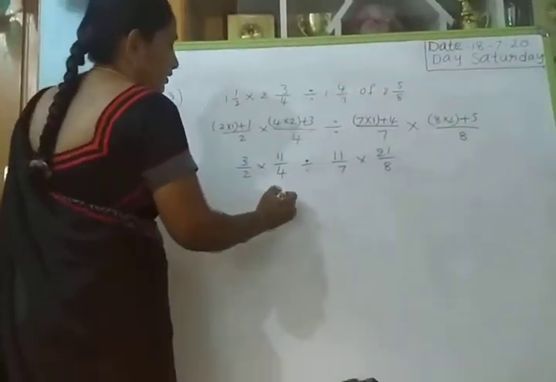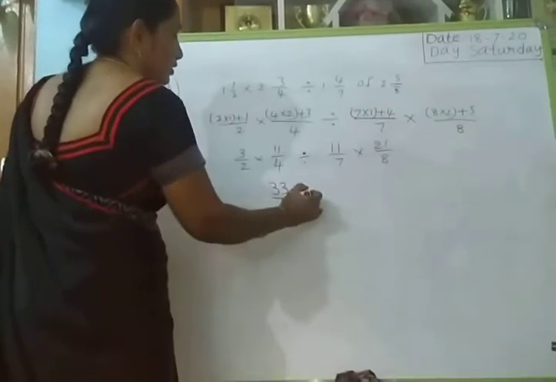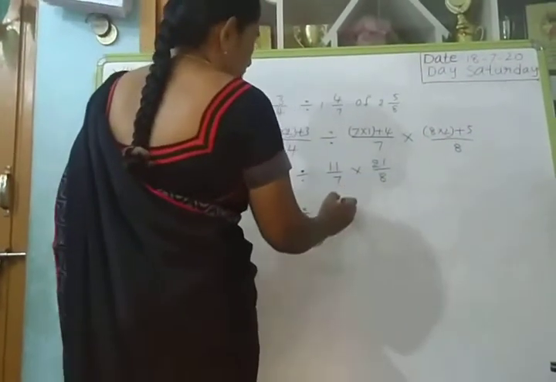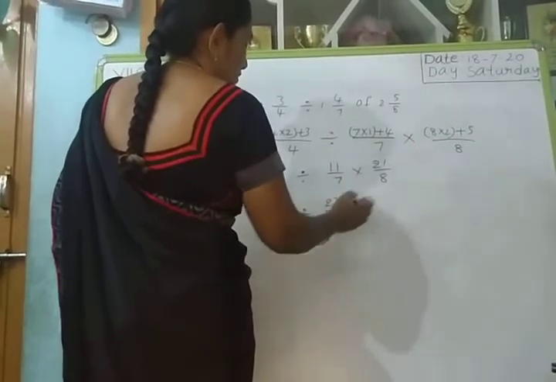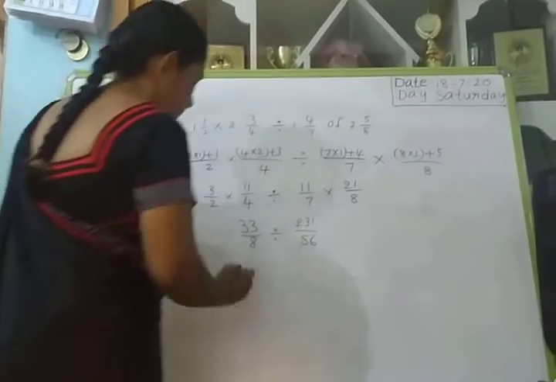11 3s are 33, 4 2s are 8, divided by 11 1s are 11, 11 2s are 22 plus 1, 23, 7 8s are 56.